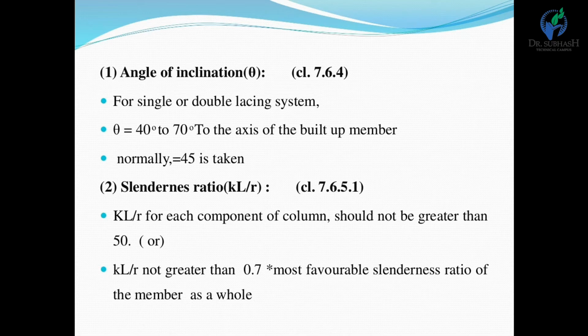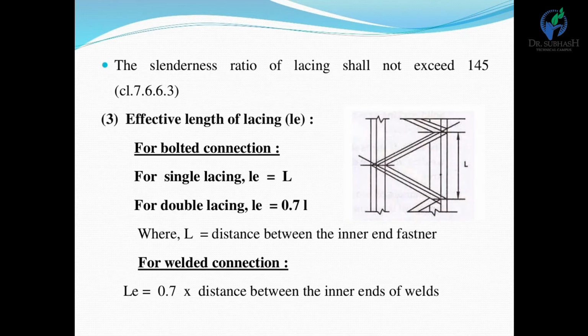So there are two criteria for selecting KL/r, given in clause number 7.6.5.1. Next, the slenderness ratio of lacing shall not exceed 145. It is also given in clause number 7.6.6.3. So these are the three criteria for slenderness ratio.